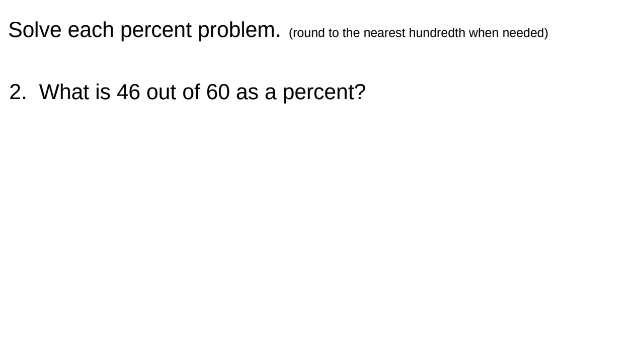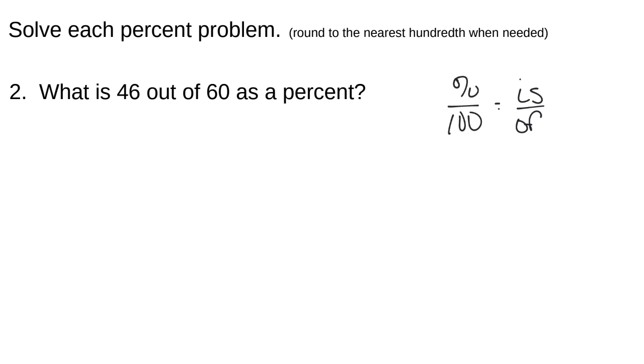Let's try example 2. Again, we're going to be using percent over 100 equals is over of. Let's see if we can identify our parts. It says, what is 46 out of 60 as a percent? I always like to try and find the percent first. It's usually helpful. And in this question, I don't see a percent sign, which means 46 and 60 are probably not my percent.